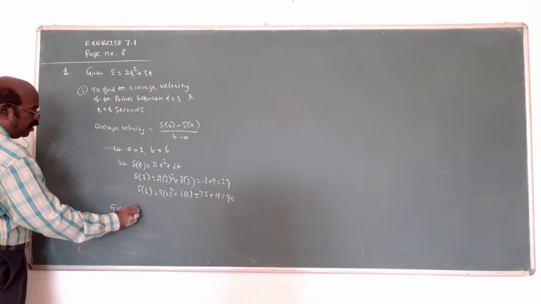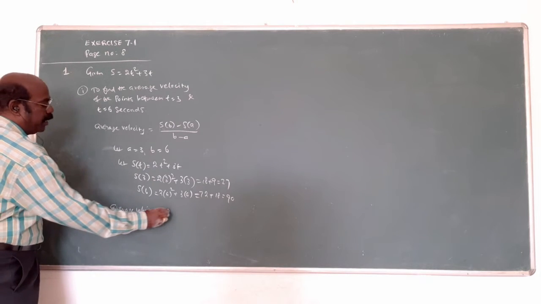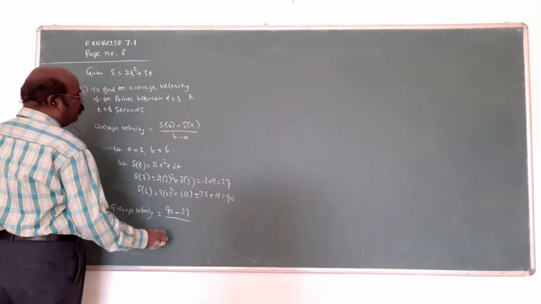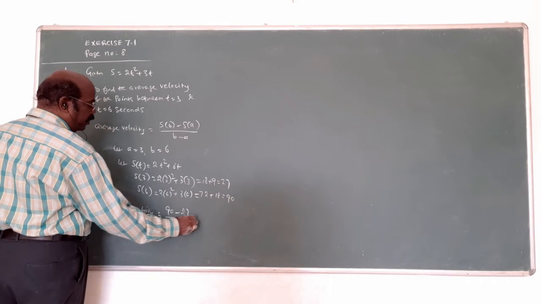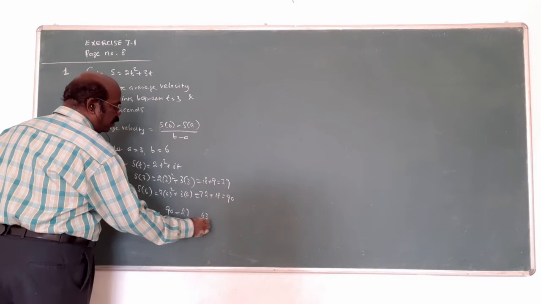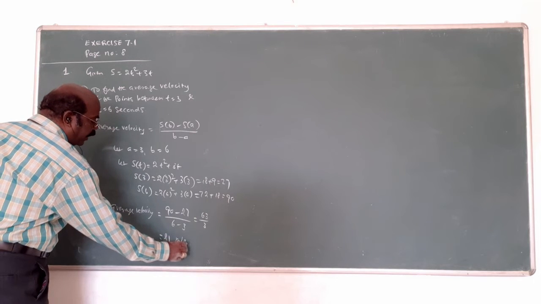Therefore, average velocity is equal to s of b minus s of a by b minus a, that is 90 minus 27 by 3, that is 63 by 3, 21. Then meter per second can be given.